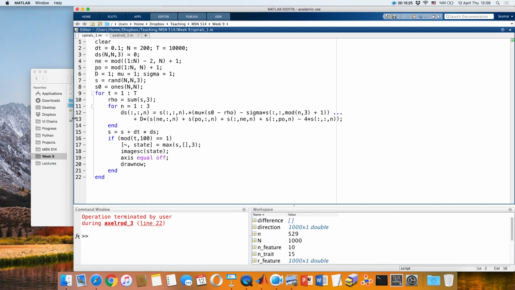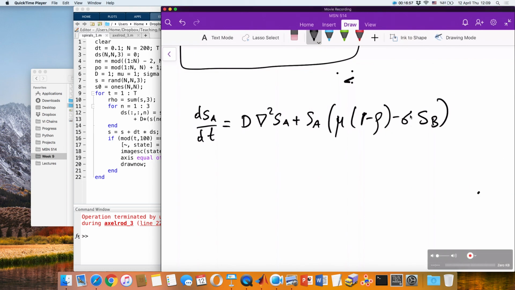Let me actually write down this code and then plus SA times mu times 1 minus rho and sigma. Okay, I see that's what matters. SB. Okay. There you go. So this is the diffusion part.